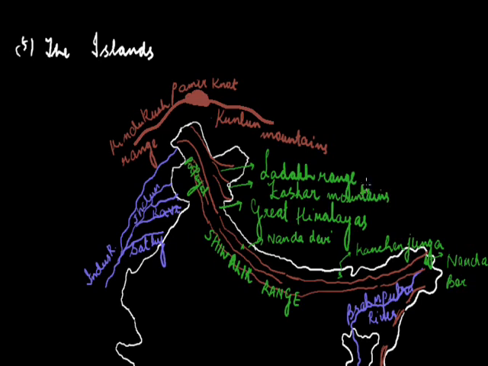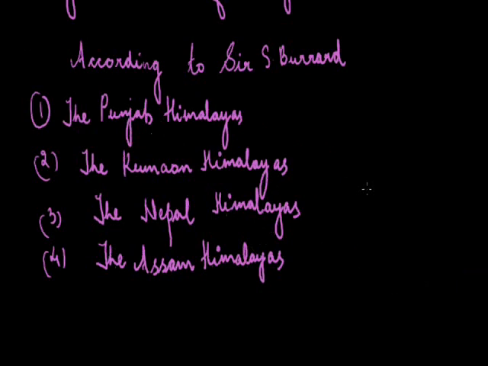Pir Panjal we have already marked on the map. The Zojila Pass, at an altitude of 3,444 meters above the sea level, is also a part of the Punjab Himalayas. This was the first region.